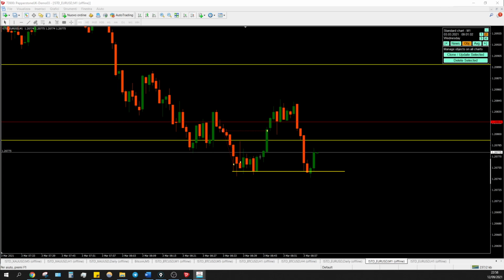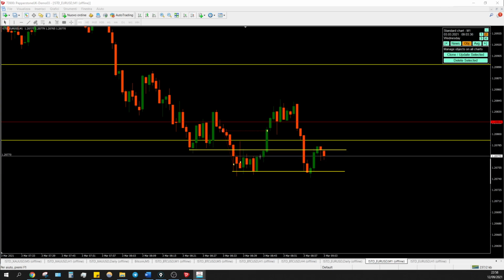Okay, top wick is being created, reacting at these previous lows. And take sells below here.